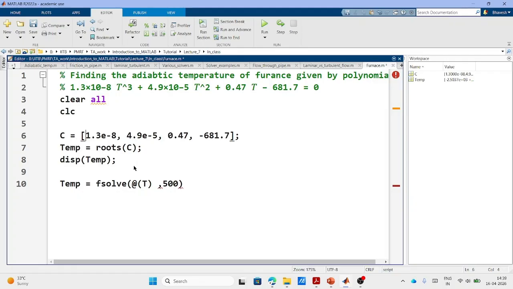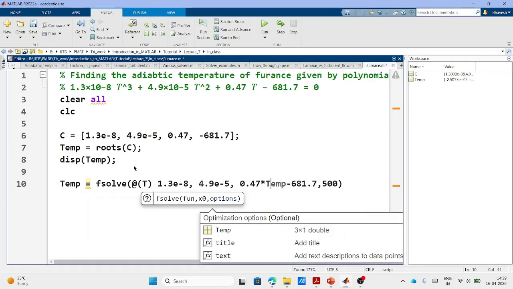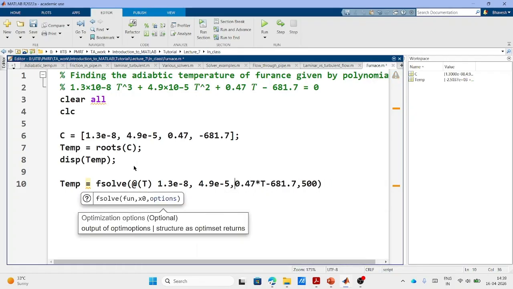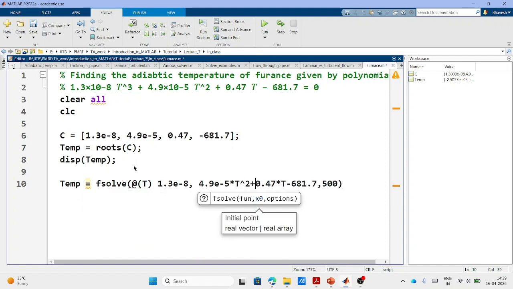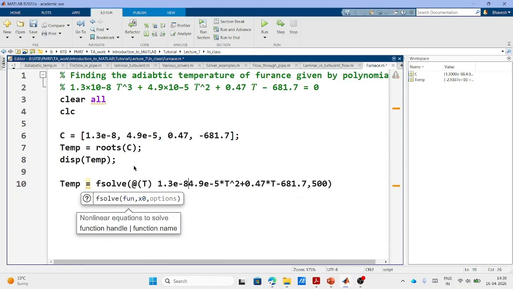So let me do this, into t, into t squared, into t cube.